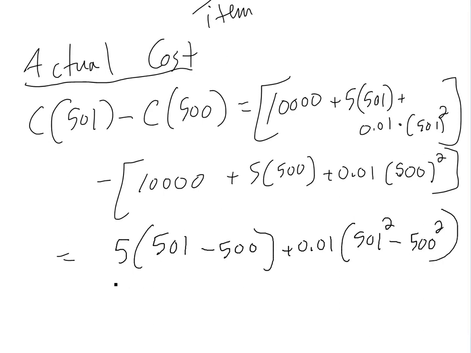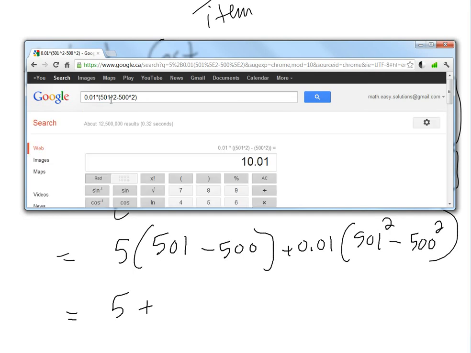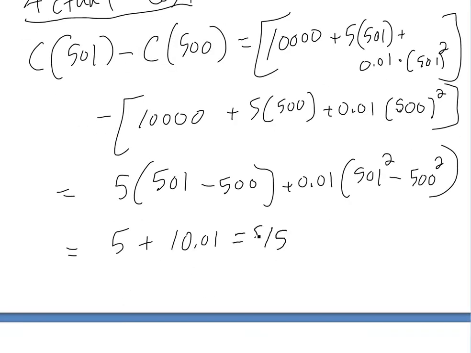This equals 5 plus, well, we'll just put this in the Google calculator, 0.01 times (501 squared minus 500 squared), which equals 10.01, and then this equals 15 dollars and 0.01.